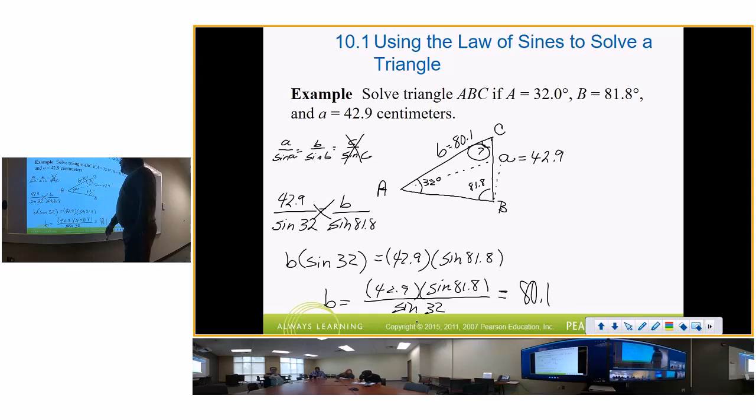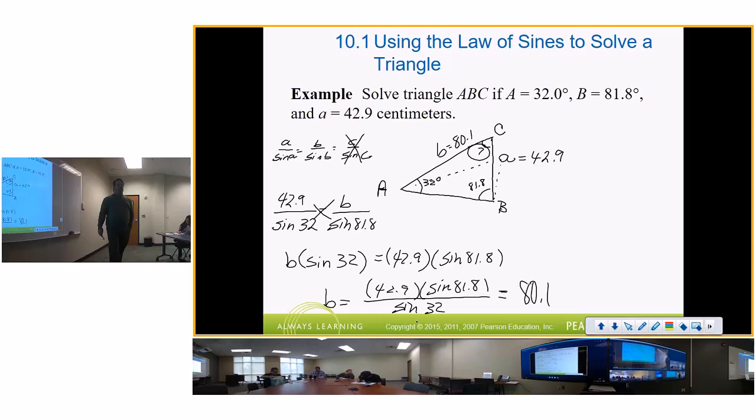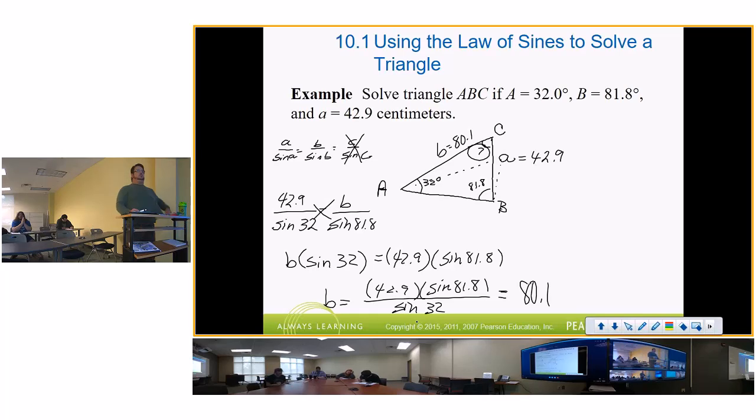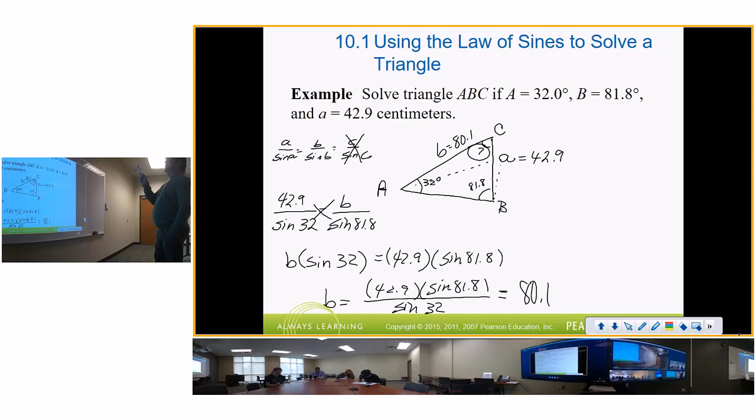Now I want you to find C. Find angle C and side C. Of course, you can use whatever you want to, but you need a couple more steps to do that. Don't use the 180 degree rule. I want you to use sine A over a equals sine C over c. Okay, you're going to have to use 180 degrees.